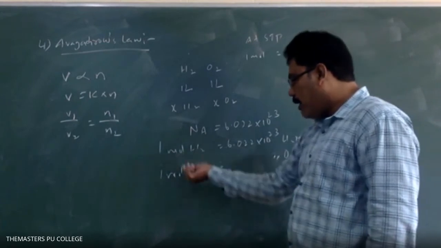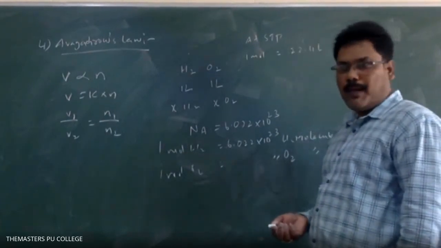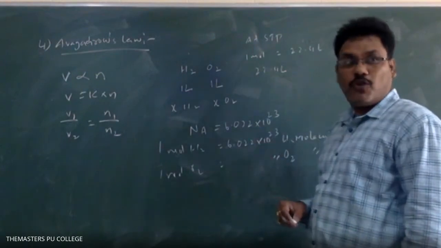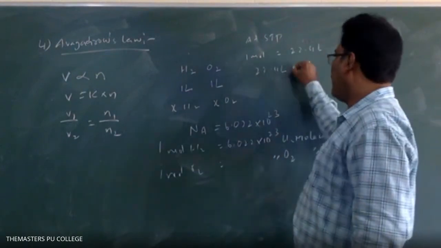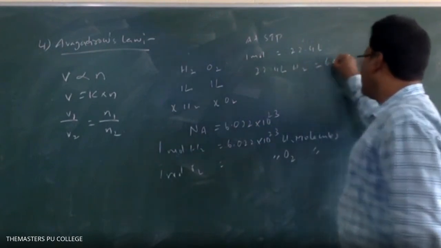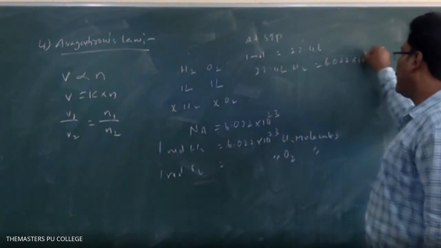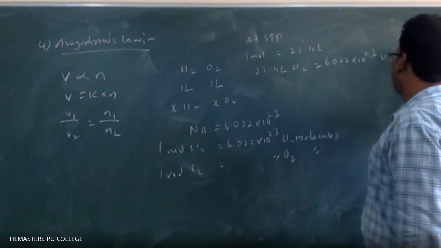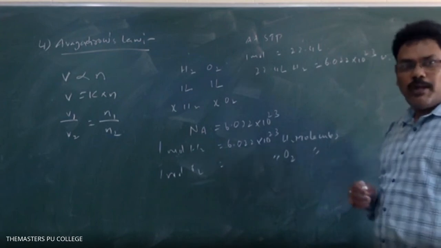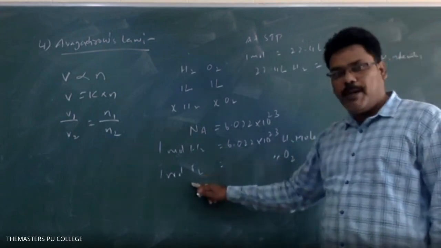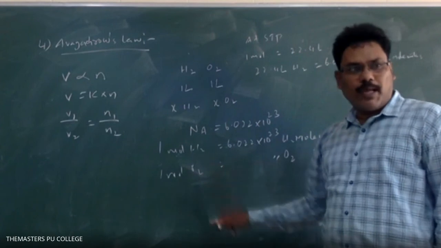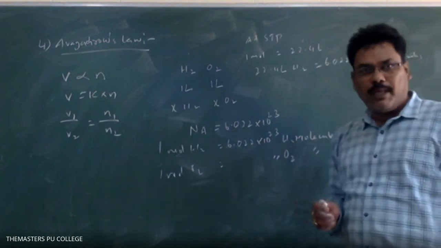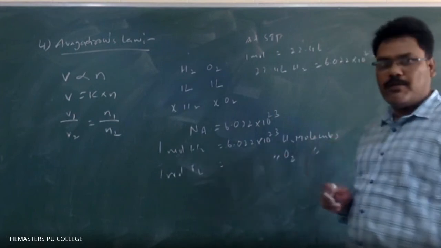So 1 mole of H2 gas is nothing but 22.4 liters of H2, which contains 6.022 into 10 power 23 H2 molecules. Like that, 22.4 liters of O2 gas contains 6.022 into 10 power 23 O2 molecules.